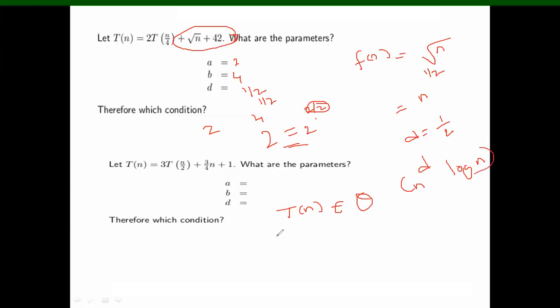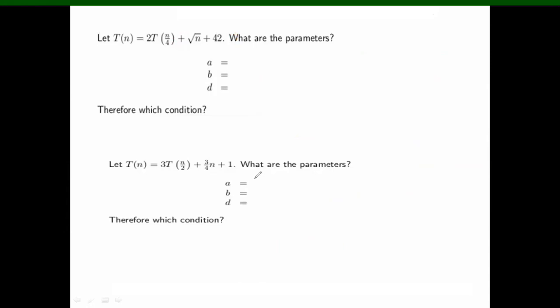What is the d value here? 1 by 2. That is root n log n, because the d value is 1 by 2. So T of n equals theta of root n log n. Okay, next we come to this example.